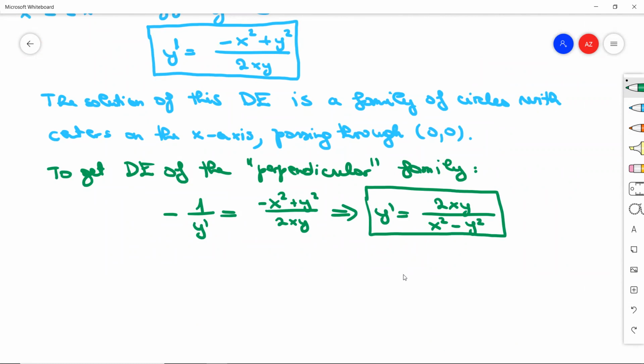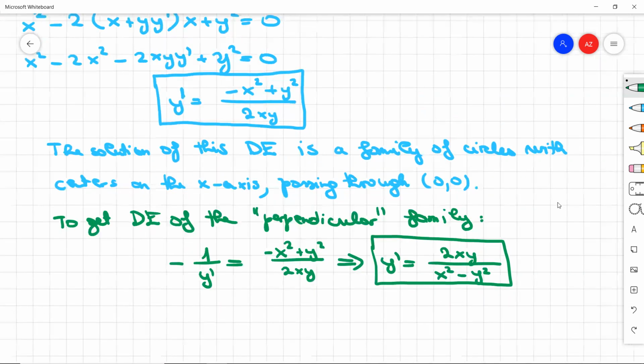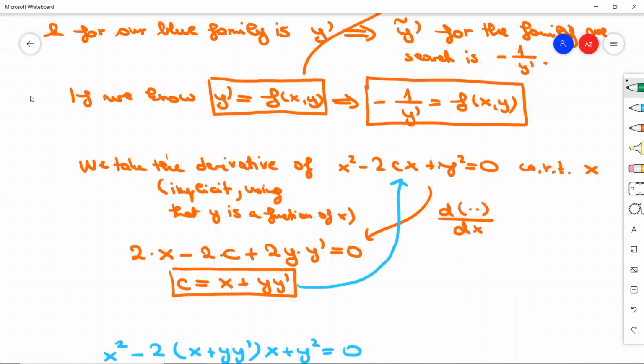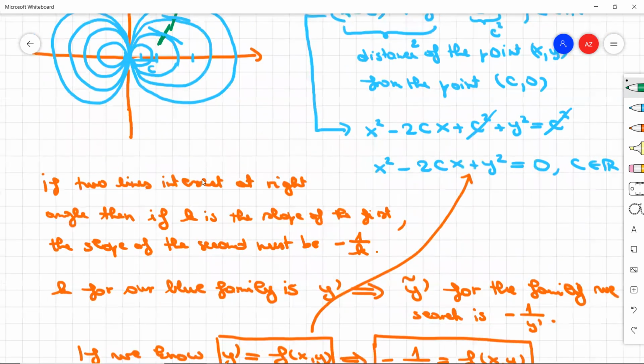And now, how would we solve this equation? So it's not a linear differential equation. Yeah, I see why I didn't get the same thing as in my notes. So I changed the symmetry.